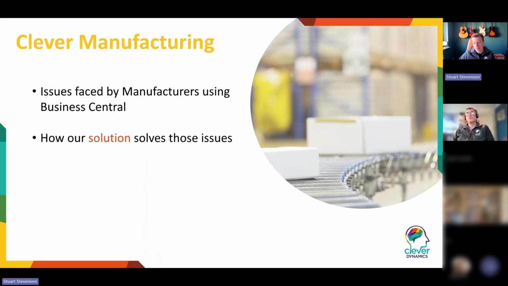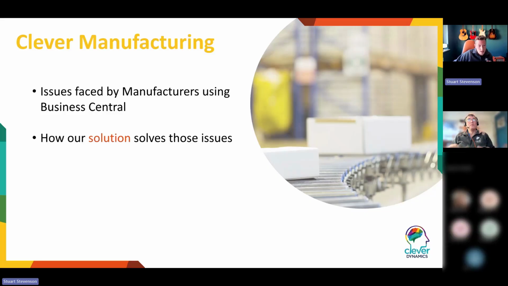So if we talk a little bit about manufacturing and Clever Manufacturing, as it's stated there, and the background of how we operate, essentially we tackle it from two pathways. The first is the knowledge that we have. As I've said, working around manufacturers for many years, we've gained knowledge of different types of manufacturing, process manufacturing, discrete manufacturing, and many different types of industries and customer requirements.